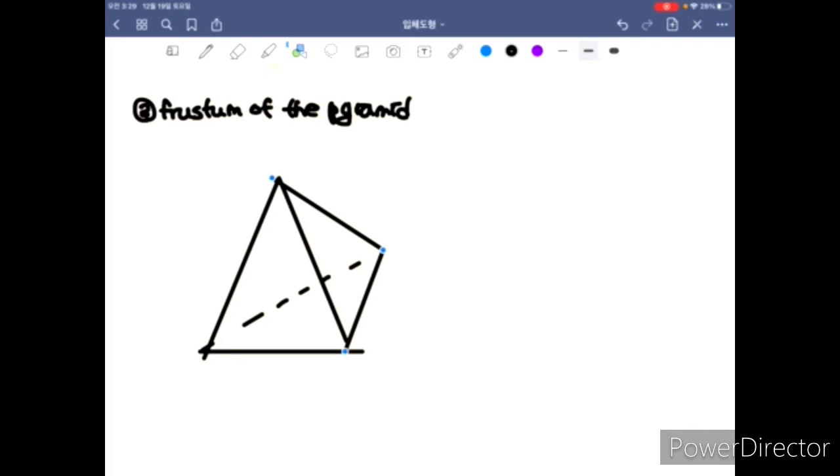But if we take off this part, then the left part is here. So here is the frustum of the pyramid.